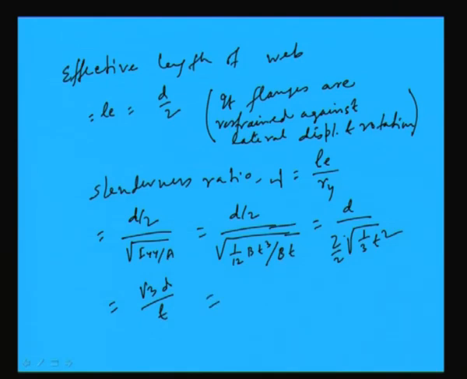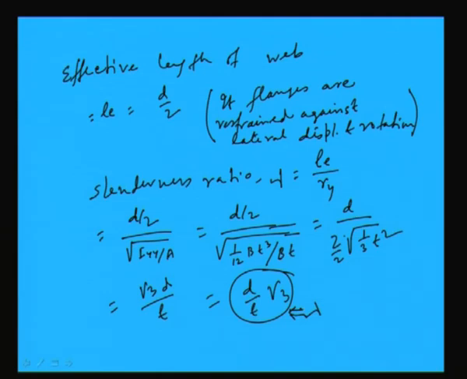So, this is basically d by t into root 3. So, the slenderness ratio lambda will become d by t root 3.